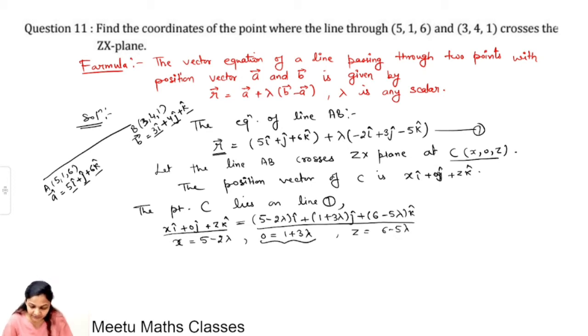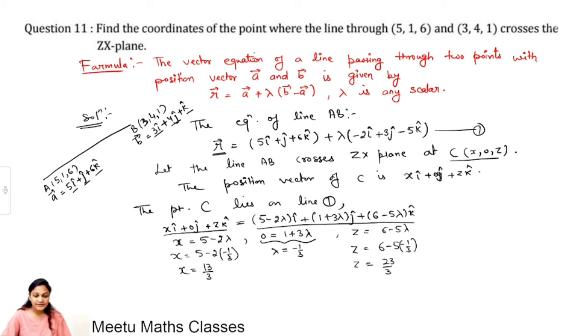From here we get the value of lambda, that is minus 1 by 3, and from this we find x, that is 13 by 3, and z is equal to 6 minus 5 times lambda, with lambda minus 1 by 3, so z is 23 by 3.